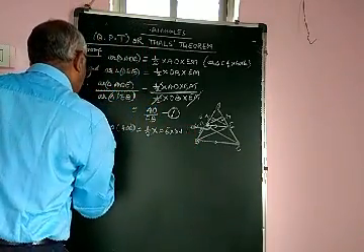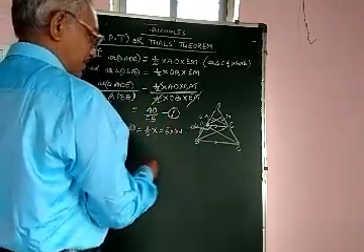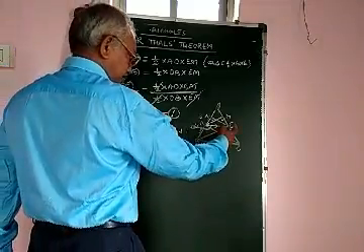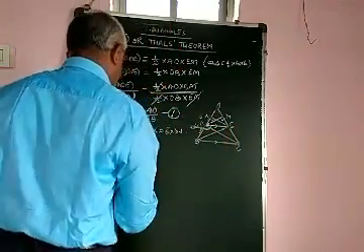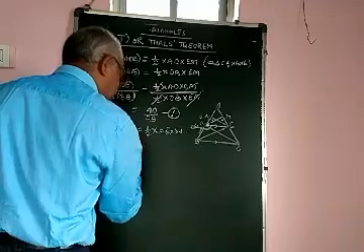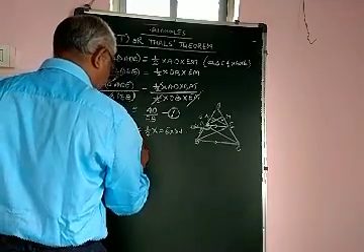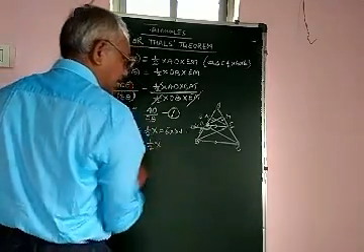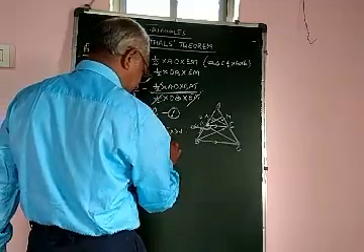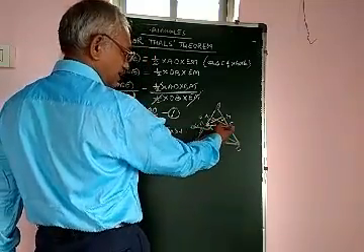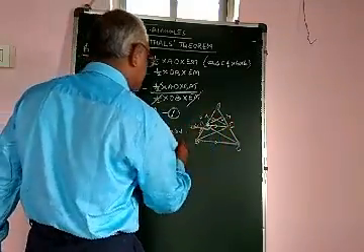And area of triangle EDC is equal to 1 by 2 into base EC into height, again DN.